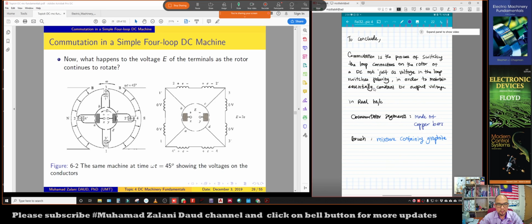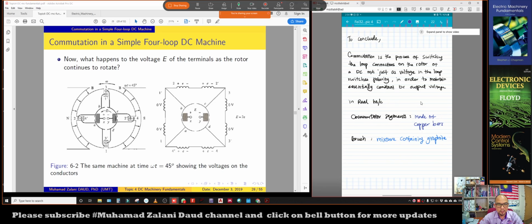But the commutation process turns that sinusoidal behavior of the current or voltage into the DC output. So that is basically what we do for the DC machine. We use the commutator to convert the AC behavior inside the DC machine into the DC output.